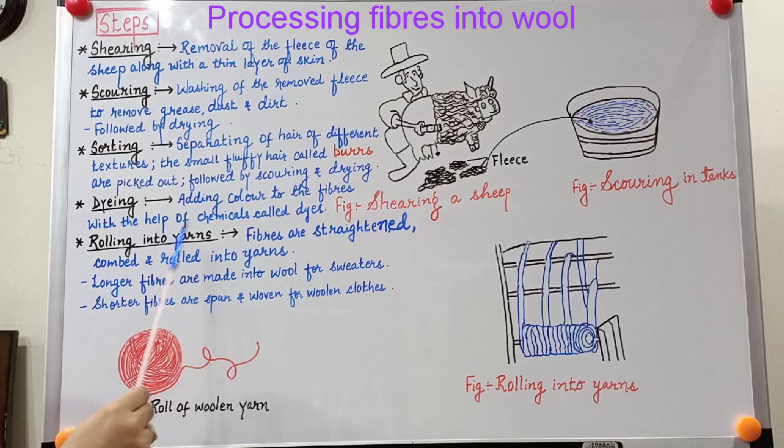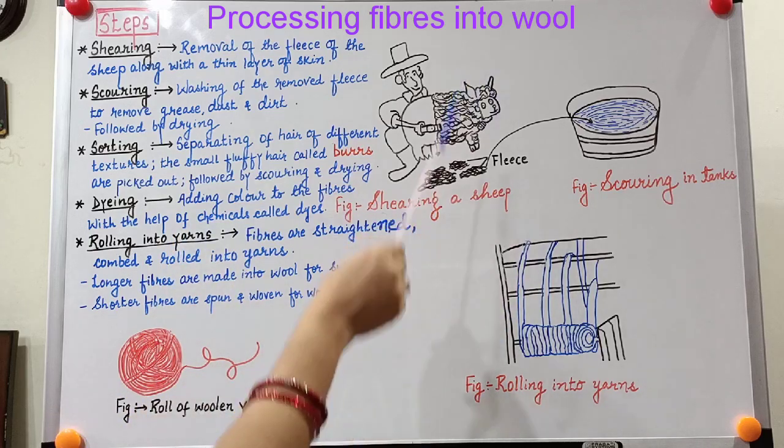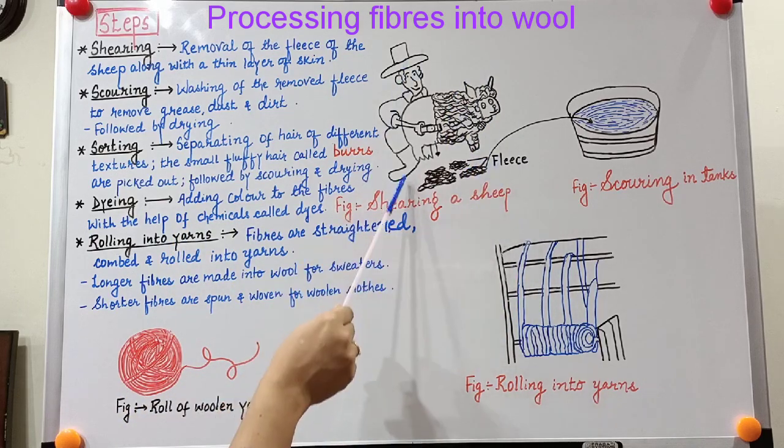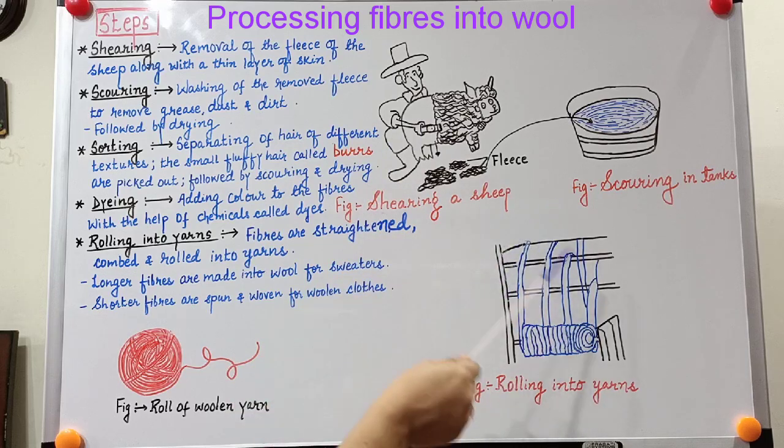This is called rolling into yarns. So the fiber that has been sorted has to be rolled into yarns or converted into yarns, and it is done with the help of certain machines.